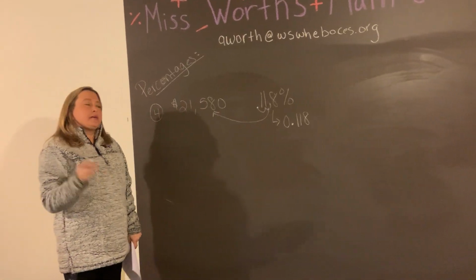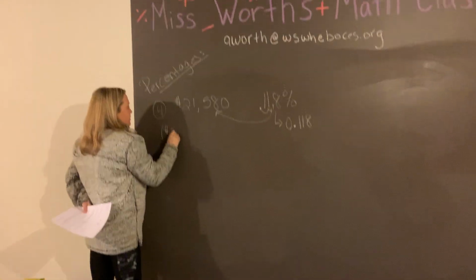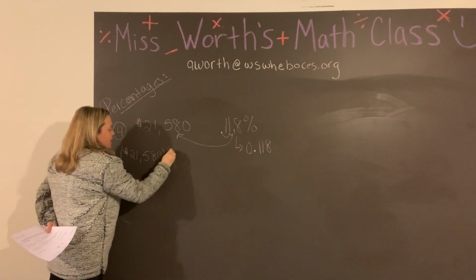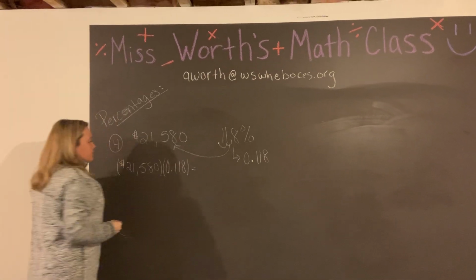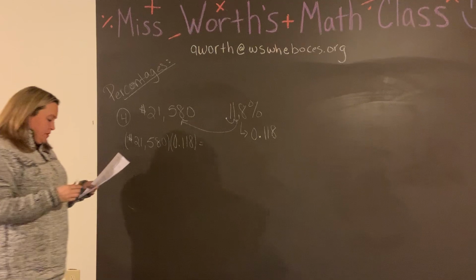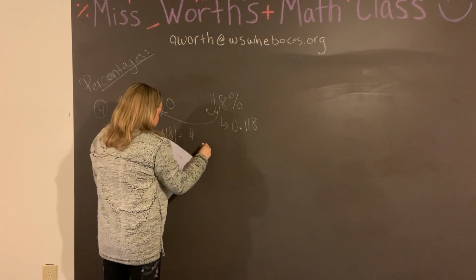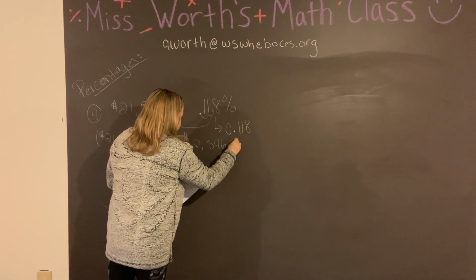Okay? Now I can multiply my two numbers. I take my $21,580 and I multiply it by 0.118. When I multiplied those two, I got $2,546.44.